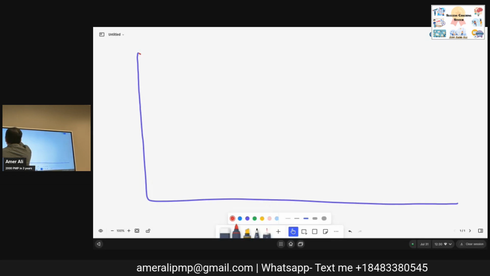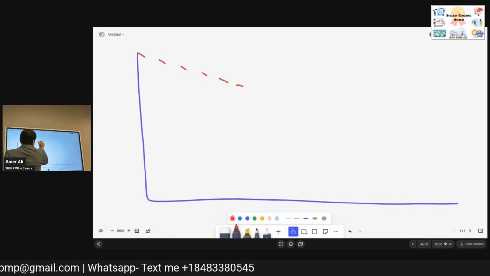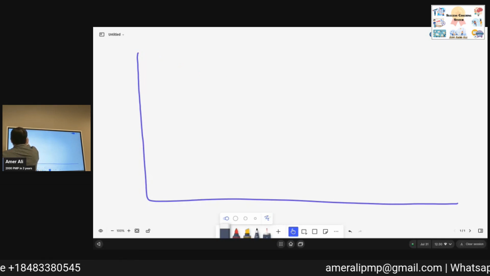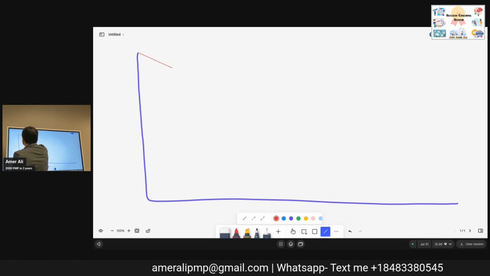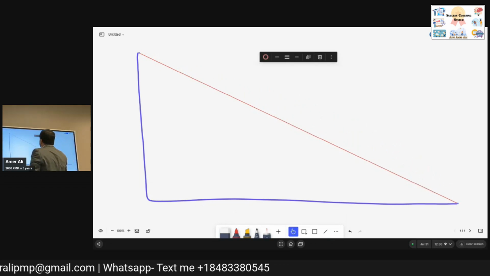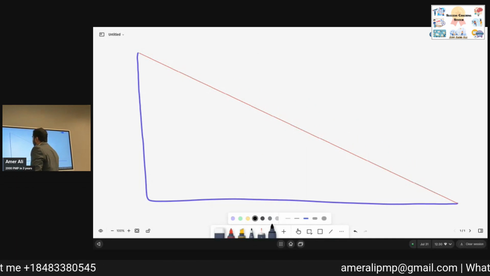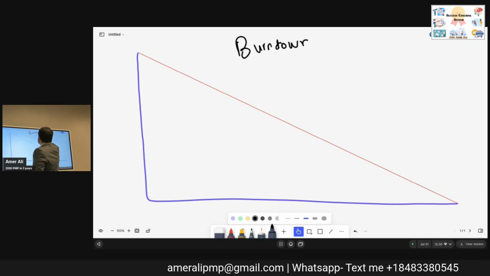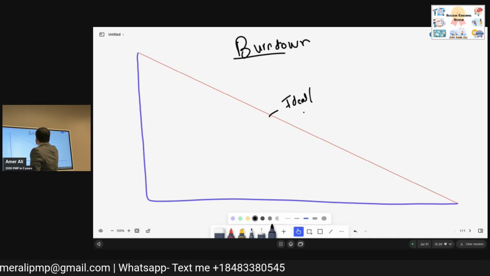This is your ideal burn down chart. Okay, burn down, this line is ideal, also known as planned.